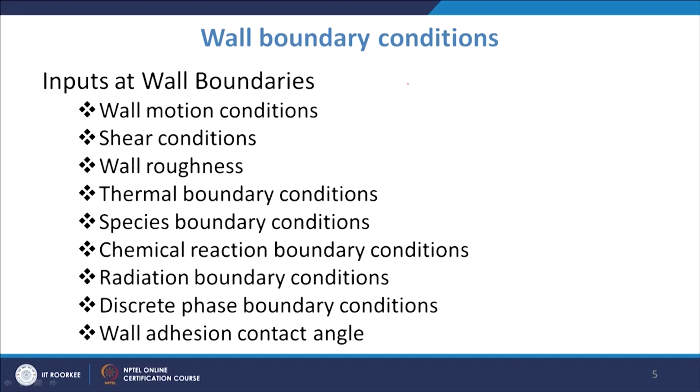There may be shear conditions, where you provide the wall shear value. Wall roughness can be provided. You may have thermal boundary conditions at the wall: the heat flux through the wall, or a specific temperature at the wall. That will be the temperature boundary condition at the wall. So, that way the specification will be there.